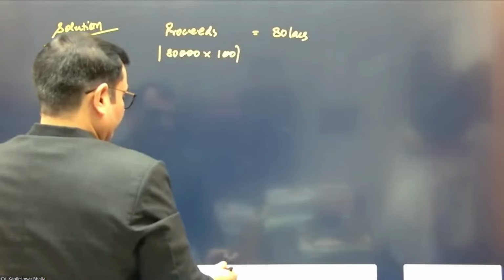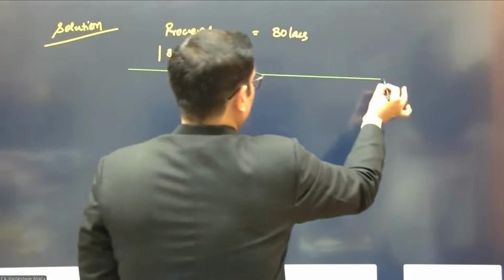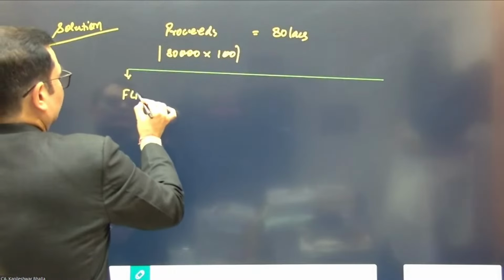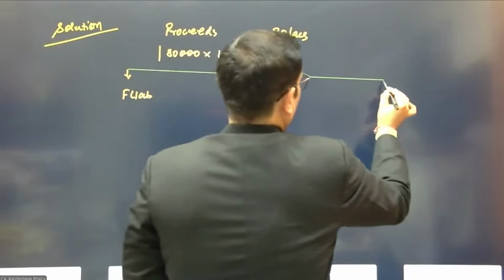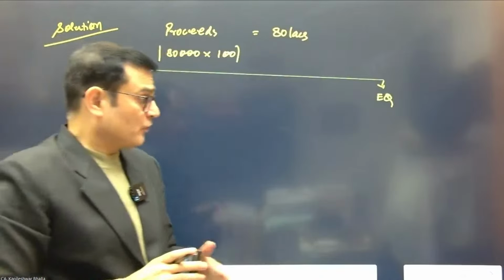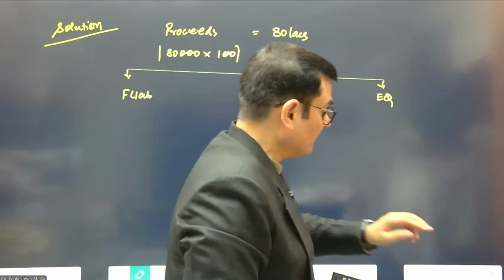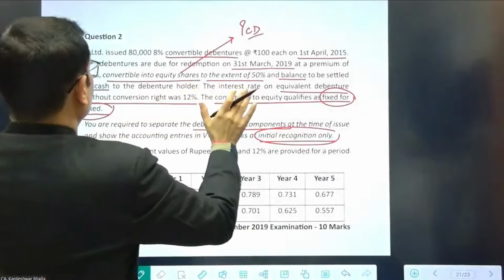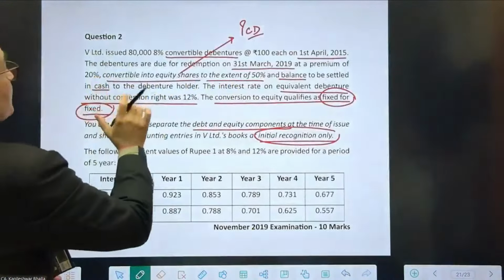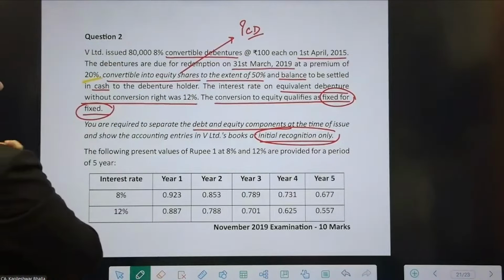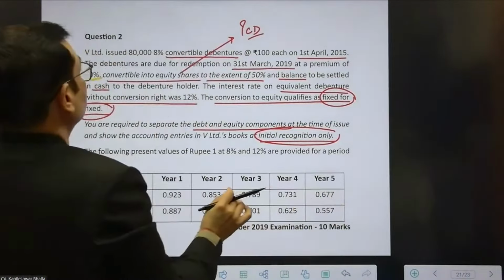So we need to segregate the financial liability and the equity component. So let's see what is the financial liability, and then we'll take the equity component as a balancing figure. So we've got to pay what is to be paid in cash. So we need to pay the balance 50% in cash. And it also says that you're going to redeem the debentures at a 20% premium. So let's first take the interest.